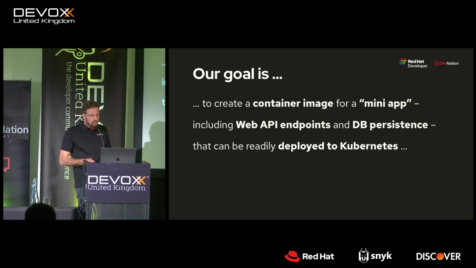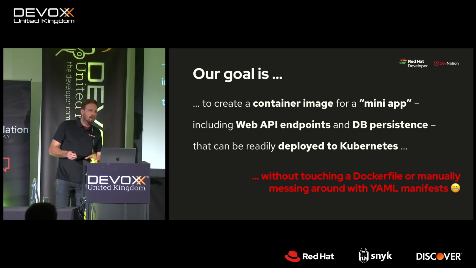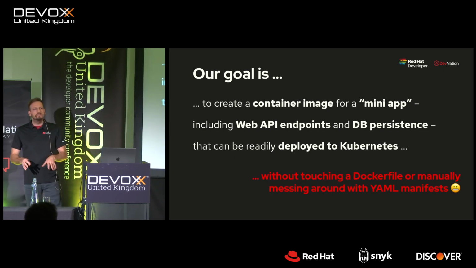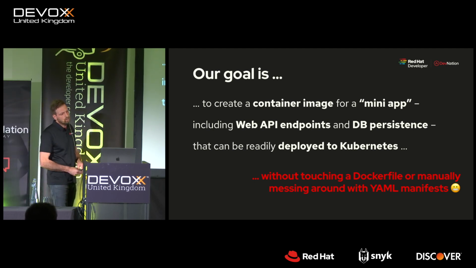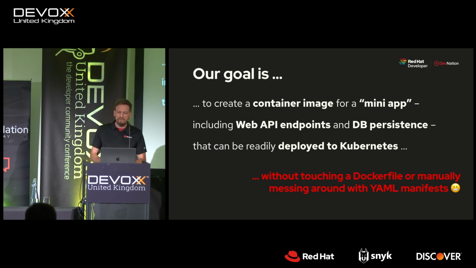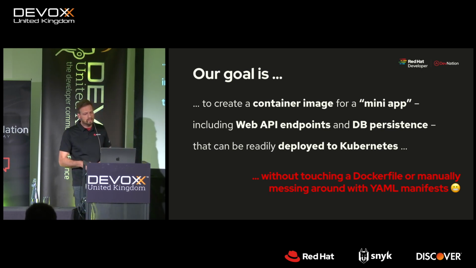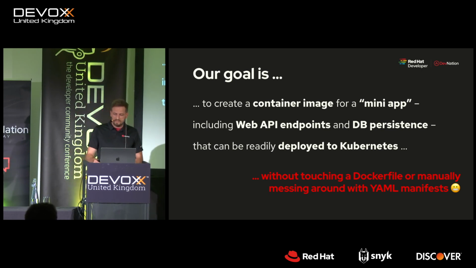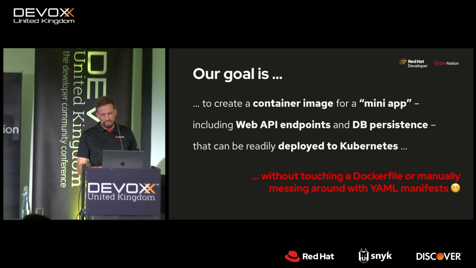So, two constraints that we want to keep in mind while doing all of that: we don't want to touch a Dockerfile. We don't even want to think about Docker or container files, as they are more generically called these days. And second, we don't want to manually mess around in YAML manifests. So we want to have a way that we can have those scaffolded automatically for us as well.